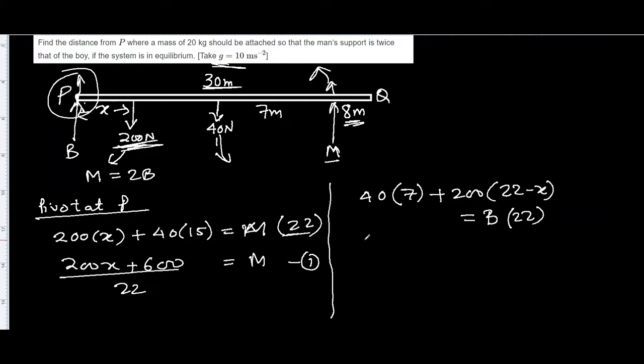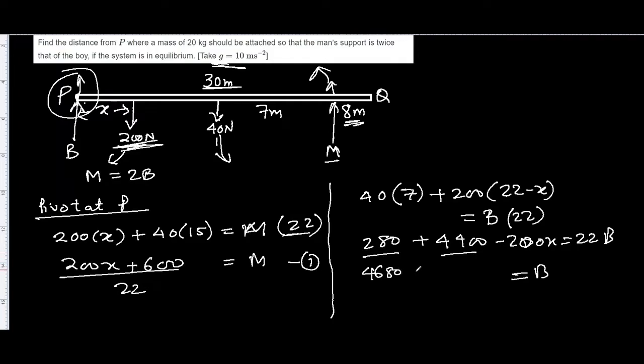Alright, we can do the same thing like we did for M. 280 plus 4400 minus 200x equal to 22B, and we'll isolate B. 280 and 4400 will be 4680 minus 200x over 22.